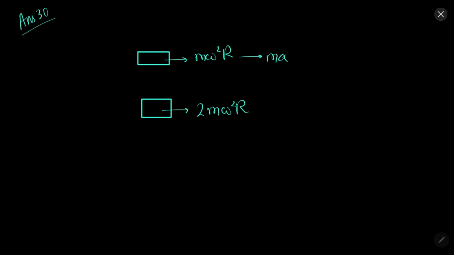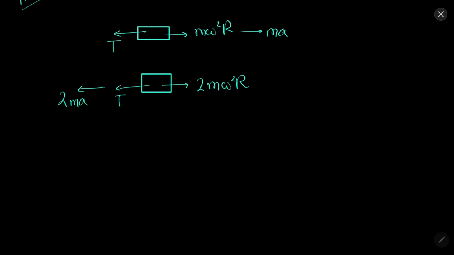So let's draw the free body diagram for both the objects. So m omega square r, for this 2m omega square r because its mass is twice. Then also in this direction ma is there, tension T, and 2ma on this side.